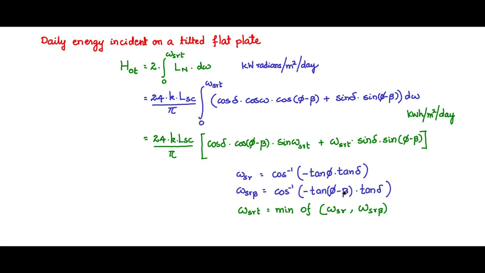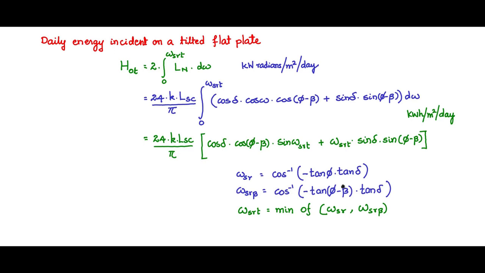So whenever you use this relationship for computing the daily energy incident on a tilted flat plate, for omega_SRT, the sunrise hour angle for the tilted flat plate collector, use the minimum of the computation of omega_SR for the horizon plane of that locality, and omega_SR beta for that locality.